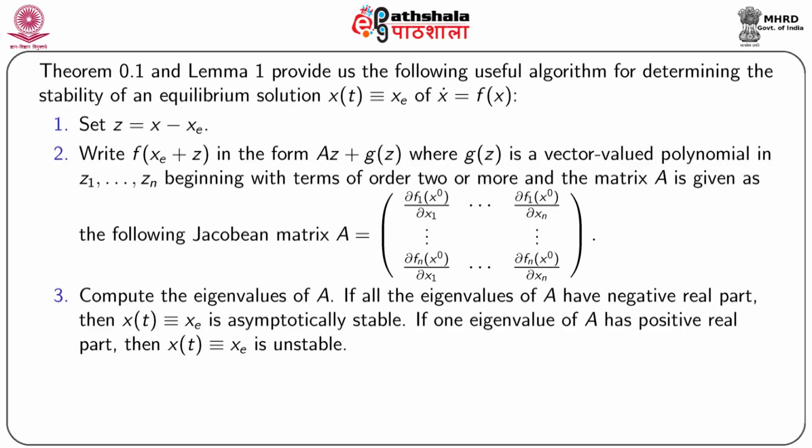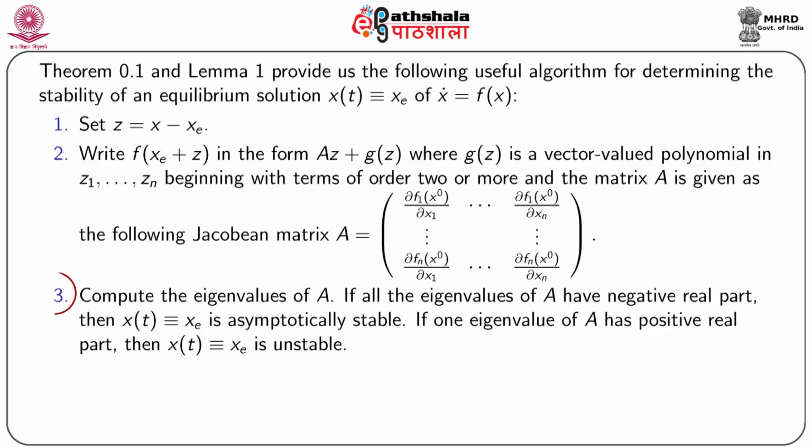terms of order 2 or more, and the matrix A is given as the following Jacobian matrix: A is del f1 del x1 at the point x0, del f1 del x2 at the point x0, ..., del f1 del xn at the point x0, and likewise del fn del x1, del fn del x2, ..., del fn del xn, all these at the point x0.